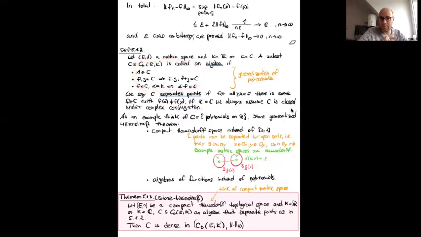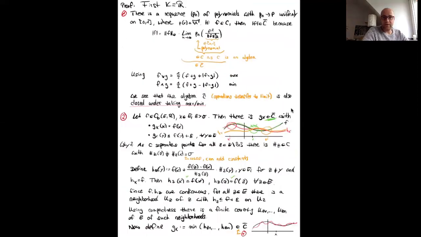No polynomials needed, but we keep polynomials in mind. It's also important to note, in the applications next week for probability, we're not going to take polynomials. We really need algebras. So, proof. That's the only tedious proof today. And after this proof, we are almost at the end.